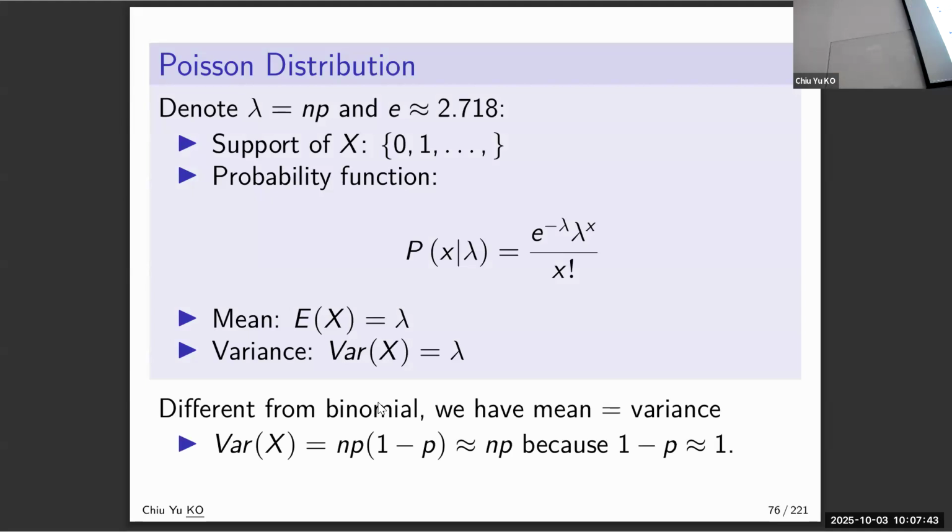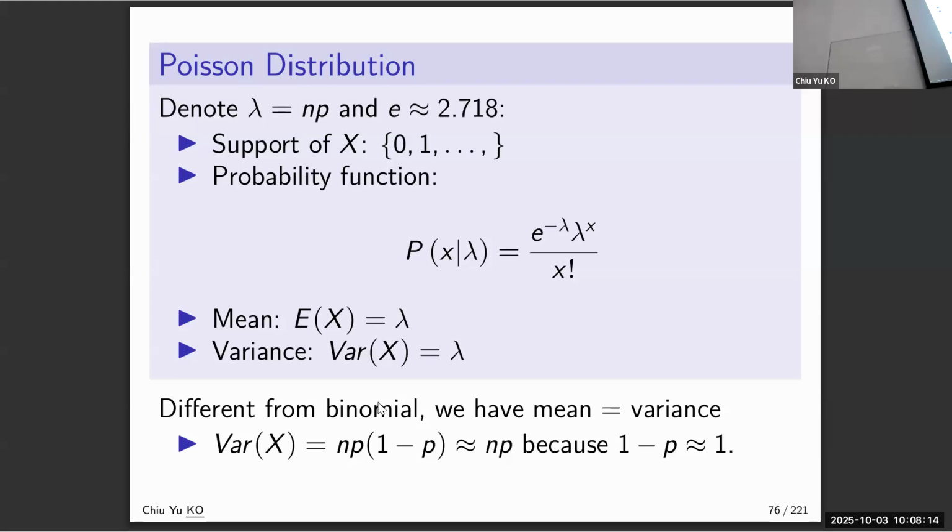We just keep the lambda. And the lambda is simply how likely things are to happen on average. And this np is also the same as the variance. Why? Because p is very small, so 1 minus p is just 1. So when you see your data, number of people coming, the mean and the variance are very similar, then Poisson is a good model.